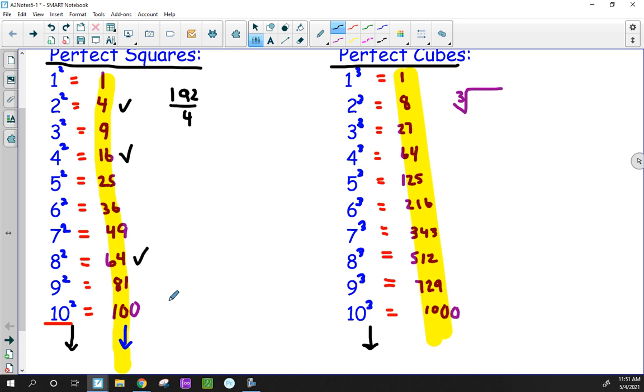The next perfect square is 121, and that's getting closer to 192, so it's not going to work.